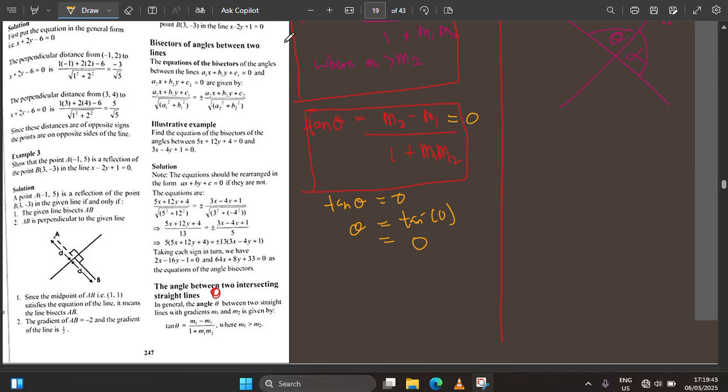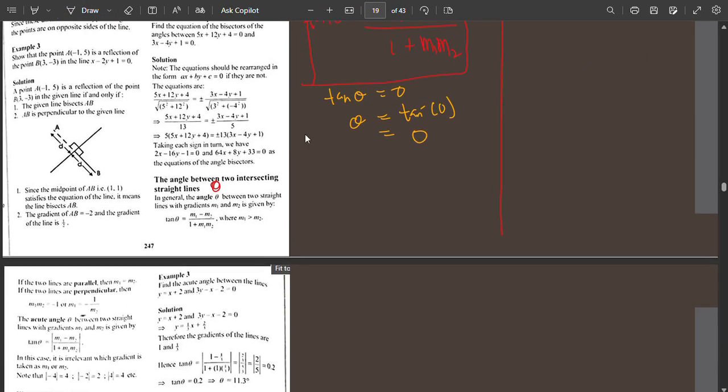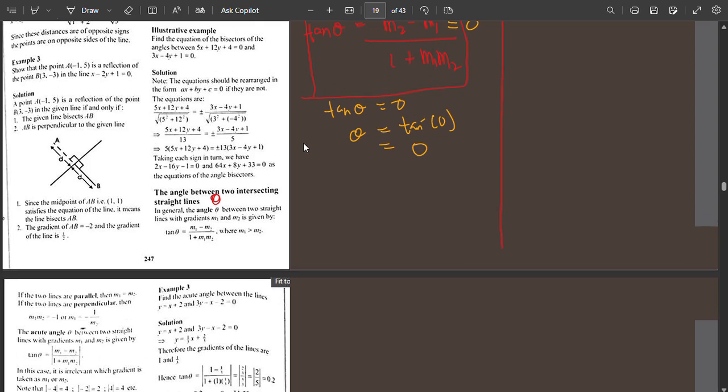So when the lines are parallel, that means they have the same gradients, then the angle between them is 0. They don't even meet.